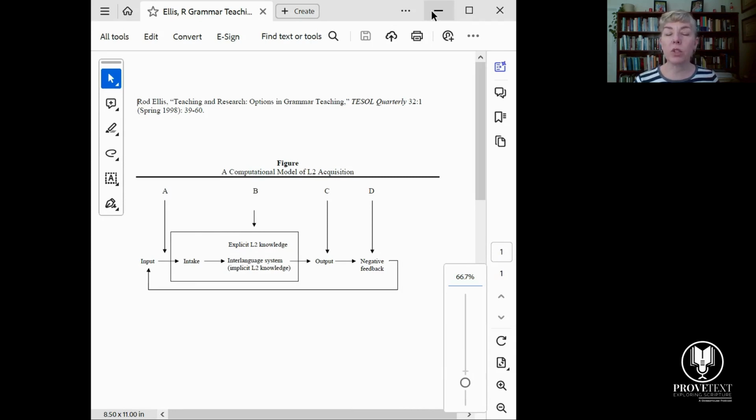And this will then lead to an upcoming episode on feedback and how teachers especially can provide feedback to learners once they've produced the output. But for now, just focusing on how this output is providing the learner with opportunities for diagnostics. What am I saying right? What do I know? What do I not know?